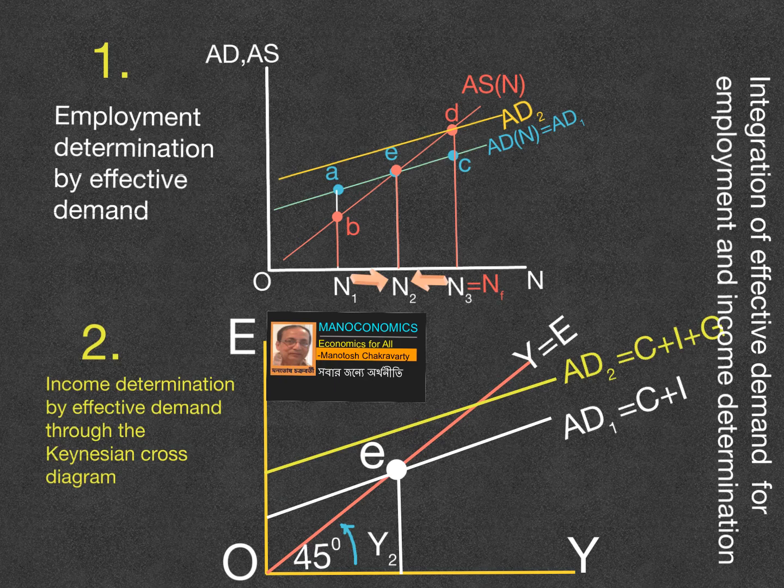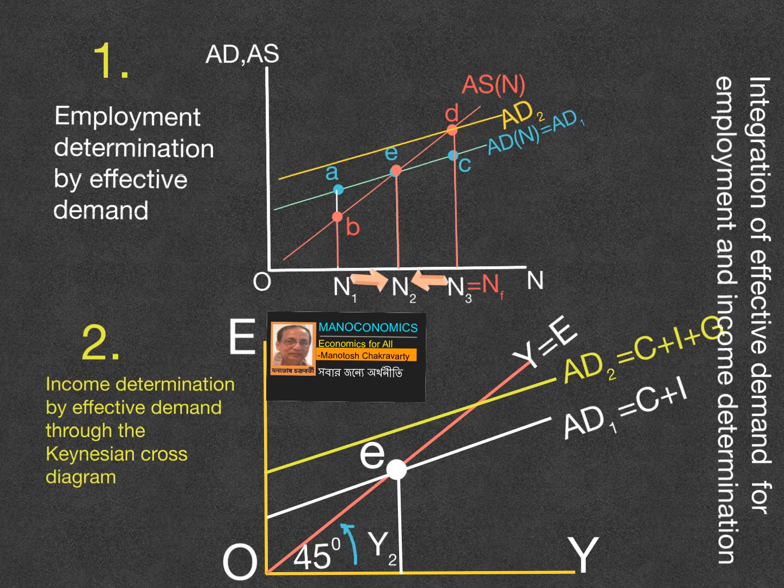This OY2 level of income at the point E will be called underemployment equilibrium income, as it is related to the underemployment situation of ON2.